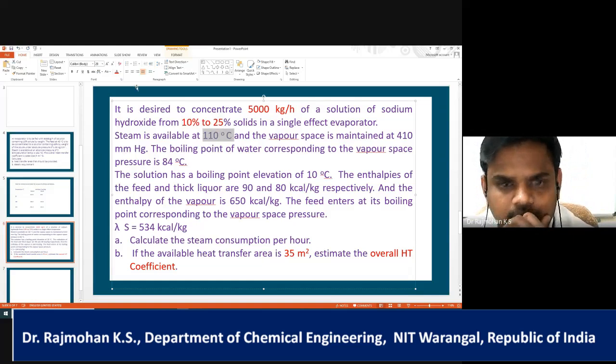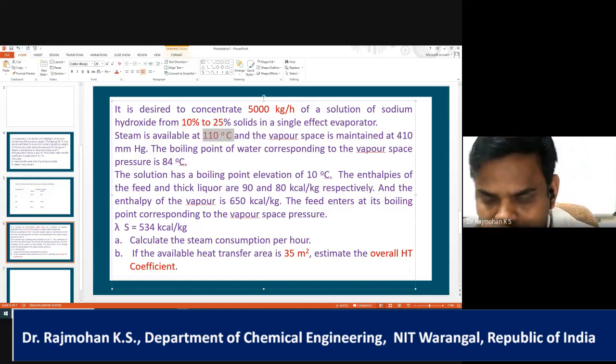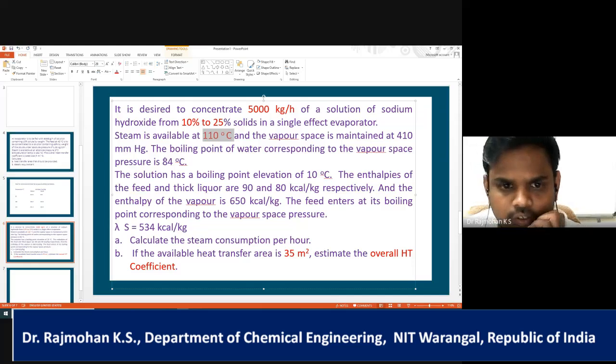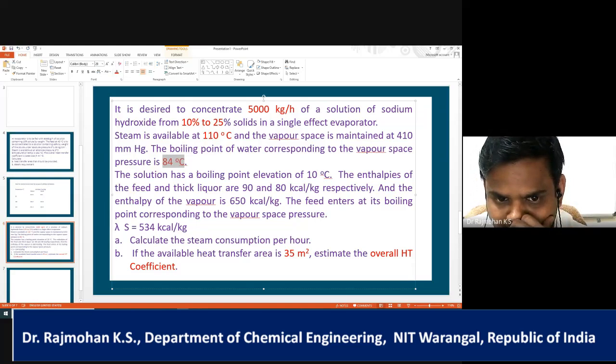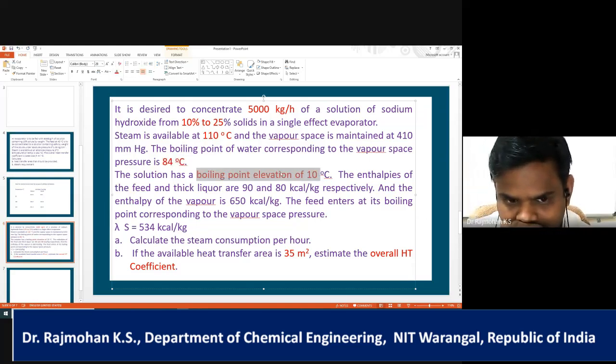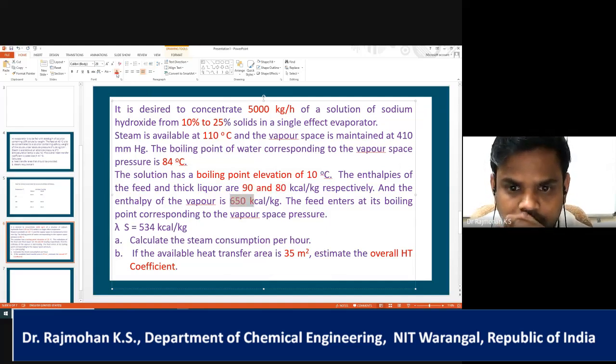Steam is available at a temperature of 110 degrees Celsius. Vapor phase is maintained at a pressure, so according to it, we have a boiling point, and there is boiling point elevation data given. Boiling point elevation is 10 degrees Celsius. The enthalpy of feed and the thick liquor are given. Enthalpy of vapor is also given. Okay, so now we should be able to solve this problem.